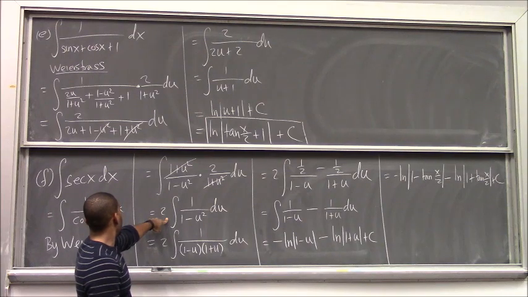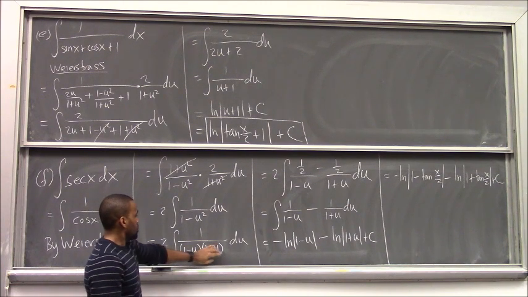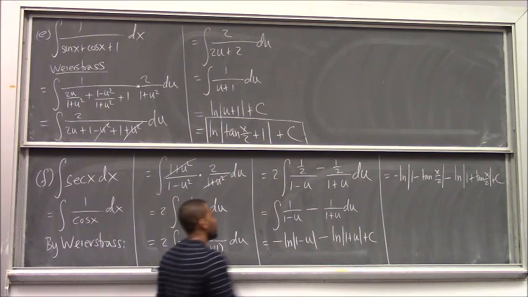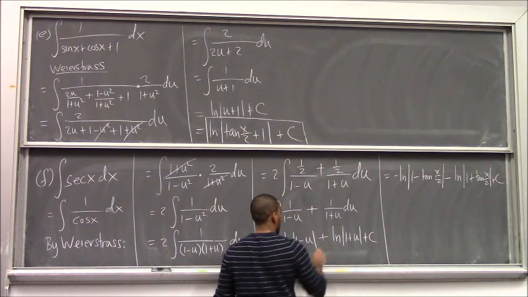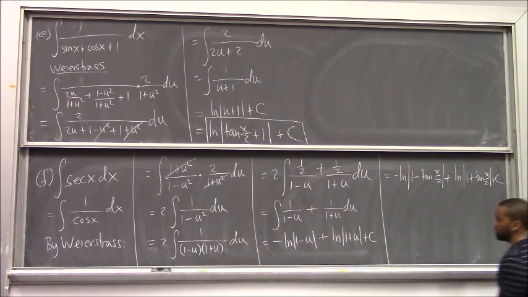But that second term should be positive. We break it up, negative ln plus ln. We covered this up, and there's a double negative here, so double negative gives a plus. Yeah, that makes a lot more sense.